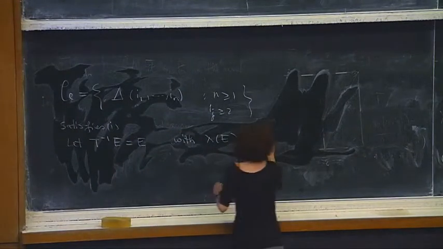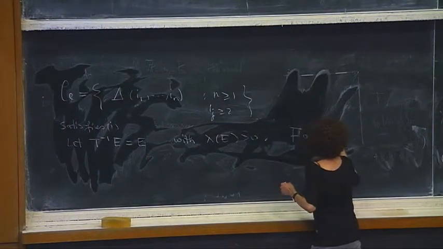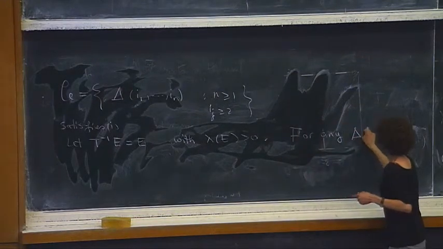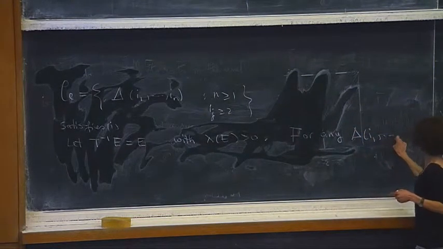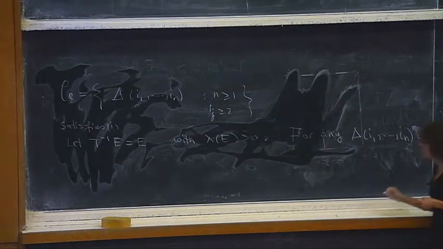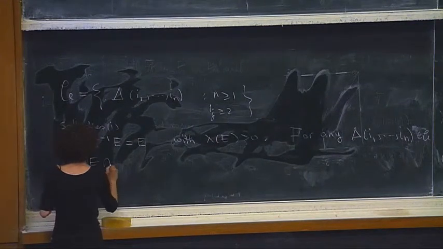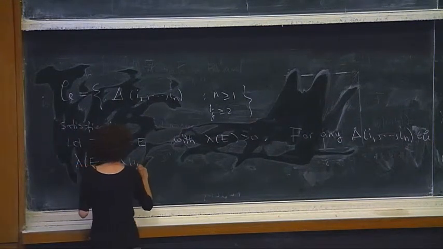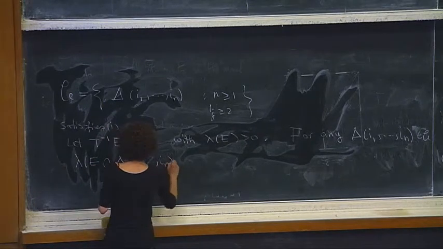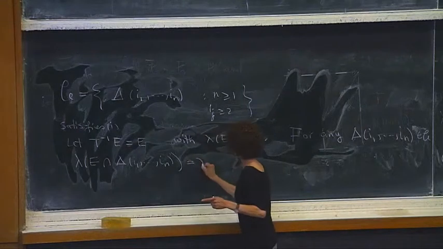So for any set delta in C, if I look at lambda of E intersection delta, then I exploit invariance, and I replace this by T to the minus n.